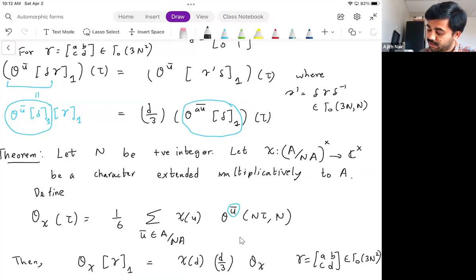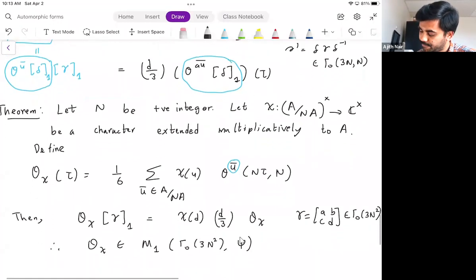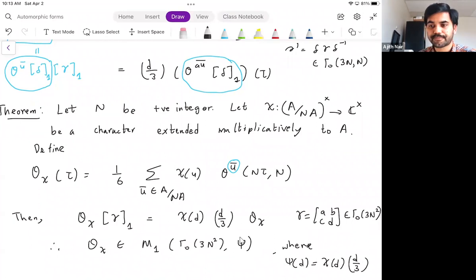So this is a modular form of weight 1 of level Gamma 0 3n squared associated with the character psi, where psi is the character which is chi of d times the Legendre symbol d over 3.